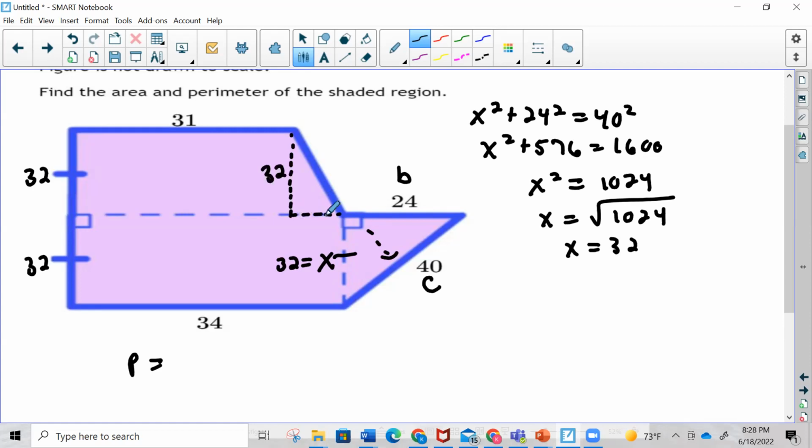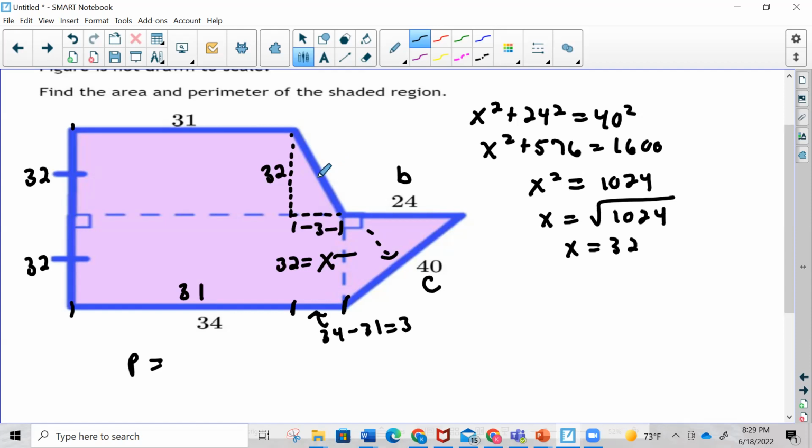We can figure this out because we know that from here to here on this figure is going to be 31. And we know that this missing piece is whatever is left over. So to find this missing piece, we can do 34 minus 31, which is 3. And so that's this length here. This is 3 because that's the same as this distance here.